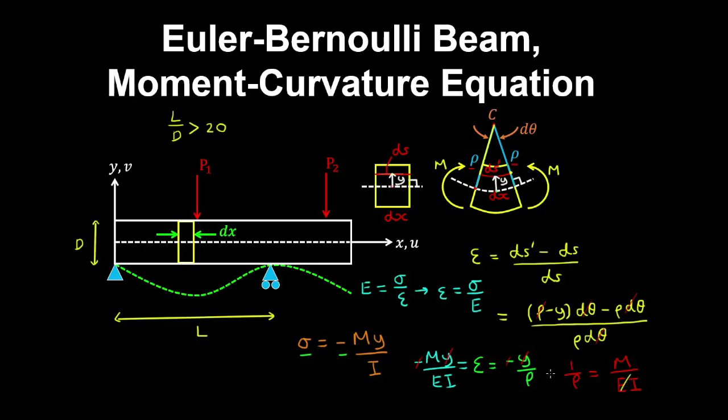And if we multiply through by EI, and we derived the curvature in the previous video in Cartesian coordinates as a second derivative of the vertical displacement with respect to x, so we end up with the bending stiffness by the curvature is equal to the bending moment, which is a function of x along the beam. And this here is a moment curvature equation, which is really one of the most important equations in structural engineering.